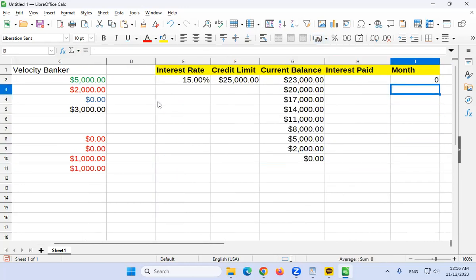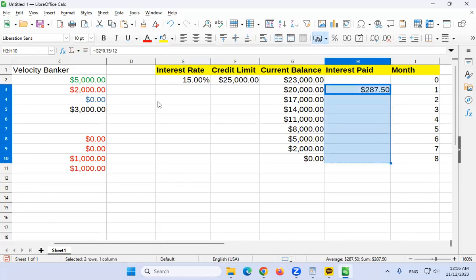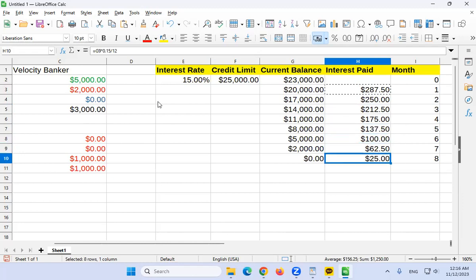See how many months it takes. So I1 plus 1. Okay. All right. So now let's calculate the interest, which is previous month's balance, G2 times 0.15 divided by 12.